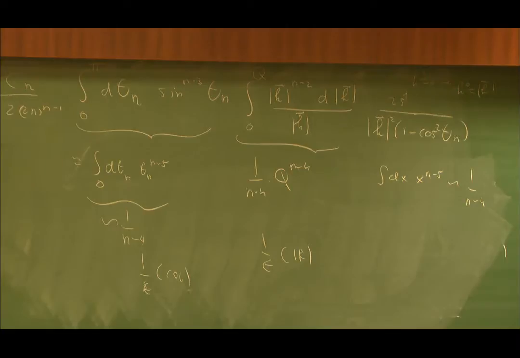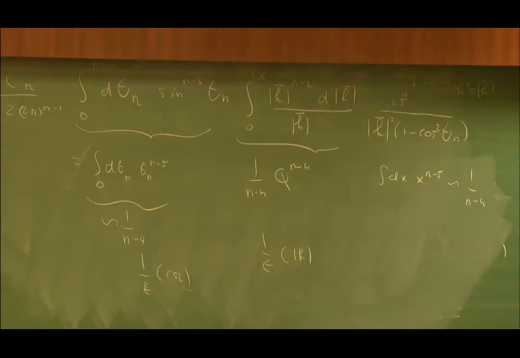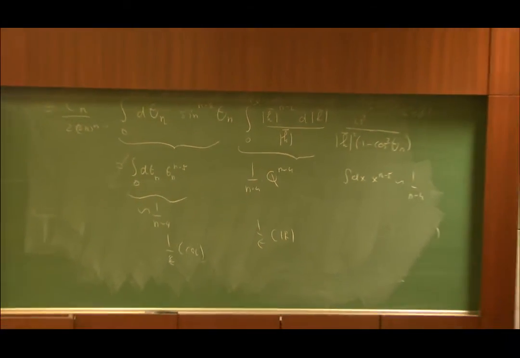In the UV case, there is just a single power of 1 over epsilon, that's right. You cannot have this overlapping divergence.